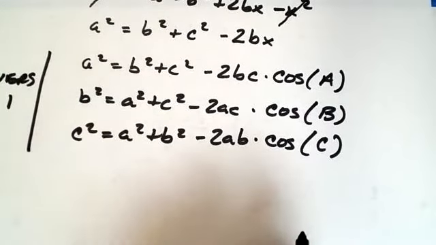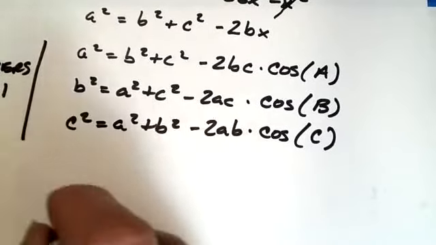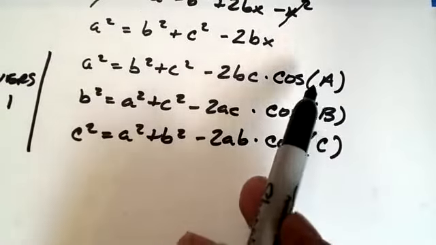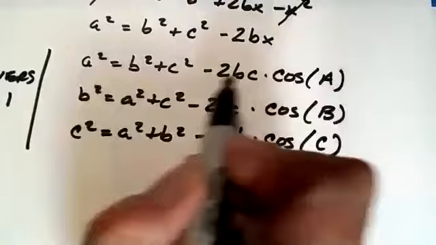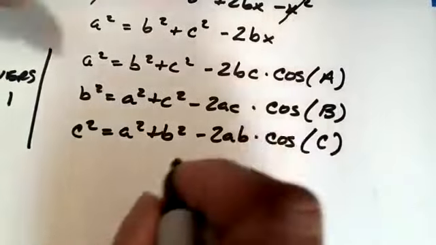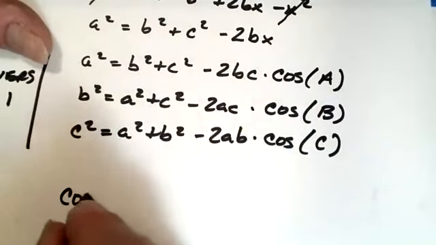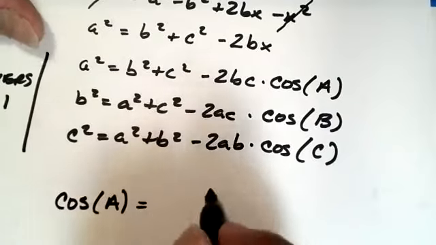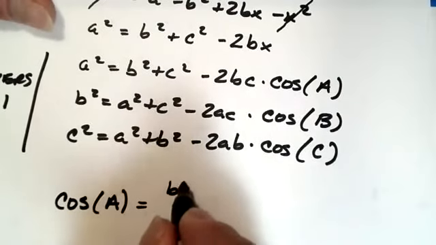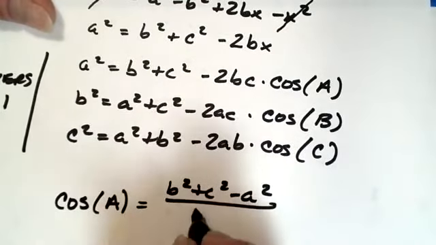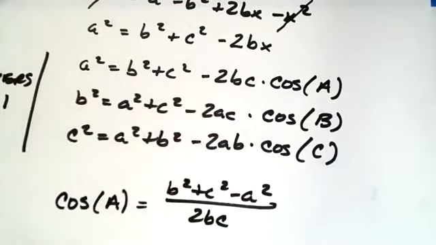So that doesn't solve the entire problem, but then what you can do is you can look at what's called version 2, where you're actually solving for the angles. Now, if you are solving for the angles, if you rearrange this equation and get cosine by itself, what you end up with is cosine of a, and I'll let you do the algebra, is equal to b squared plus c squared minus a squared over 2bc, b times c.